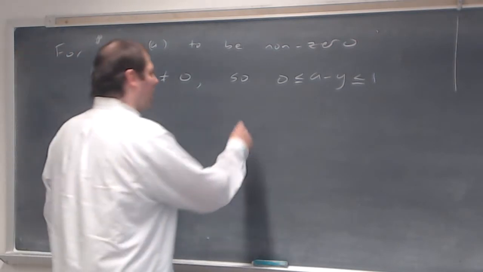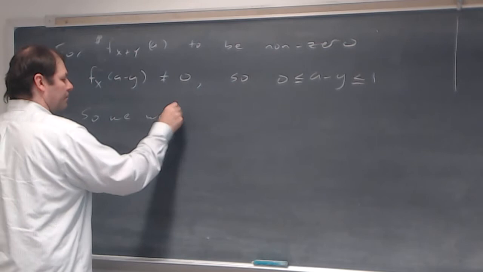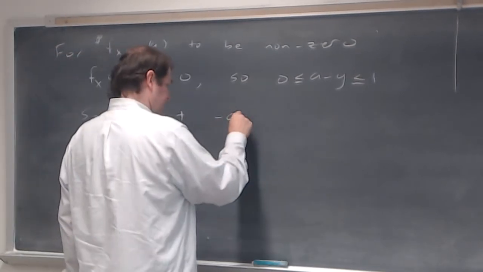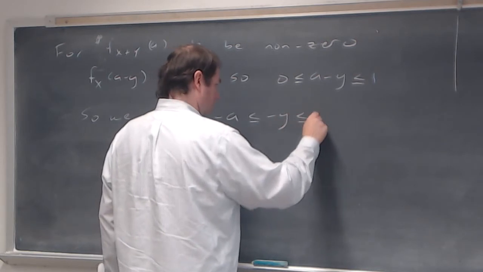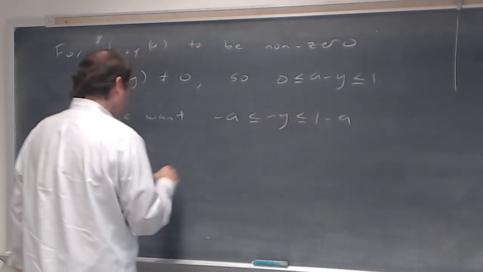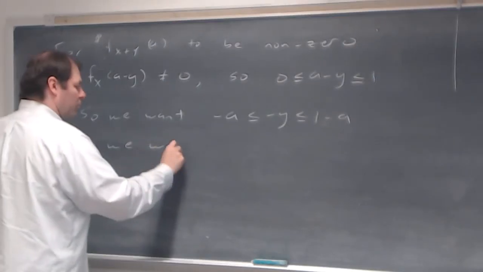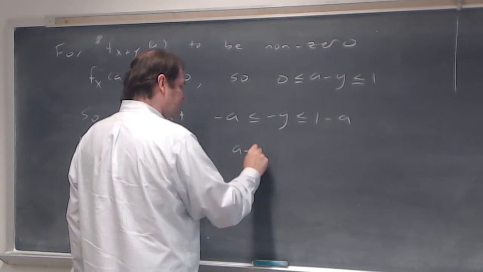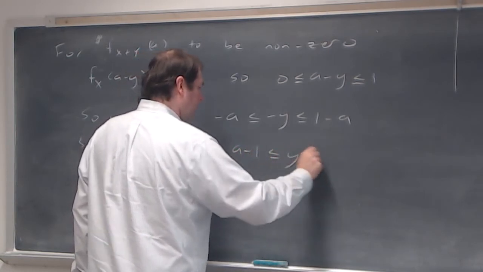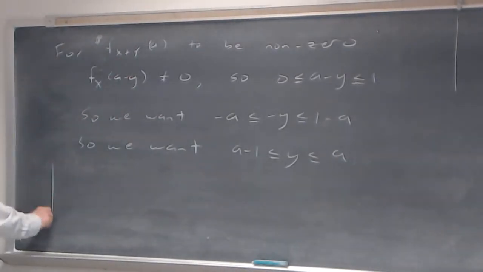So here, if we solve for y, this says that minus a is less than minus y is less than 1 minus a. We divide by minus 1, and we want to look at a minus 1 less than or equal to y less than or equal to a.